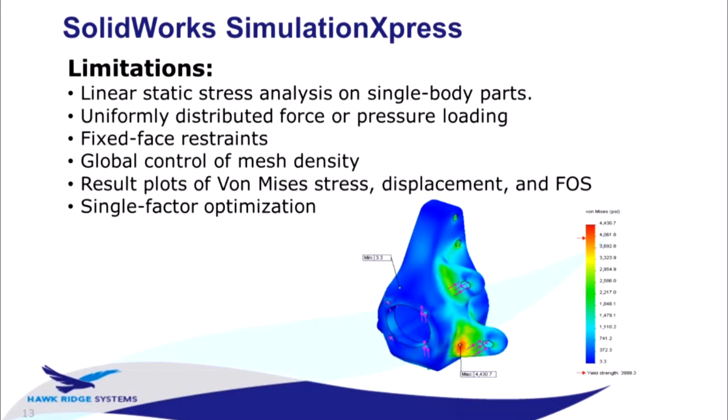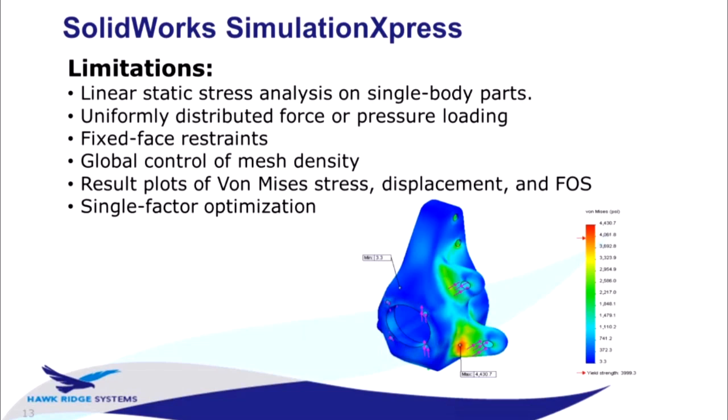It can only do force or pressure loading, no torque, no remote mass, no distributed mass, anything like that. It can only fix restraints. You only have global control of mesh density, and you just see 3 result plots with minimal post-processing capabilities.